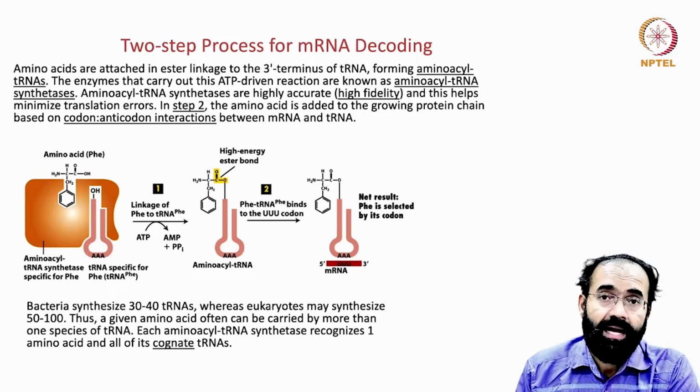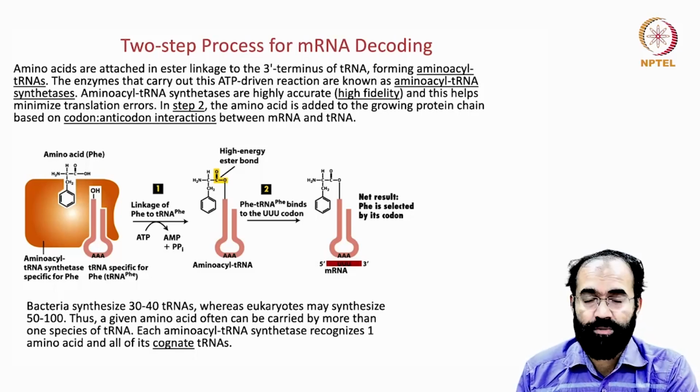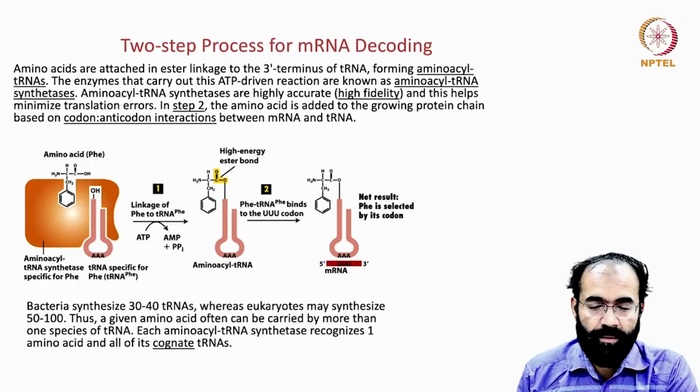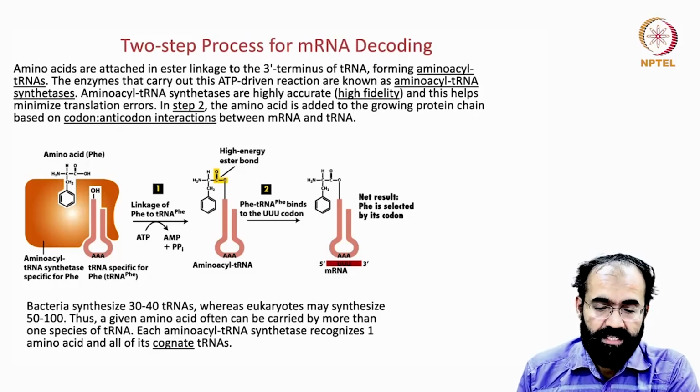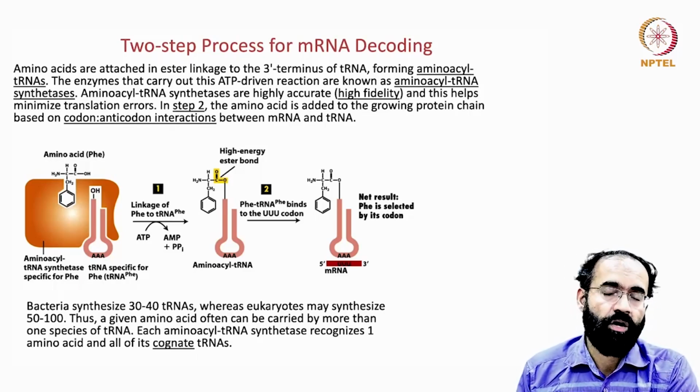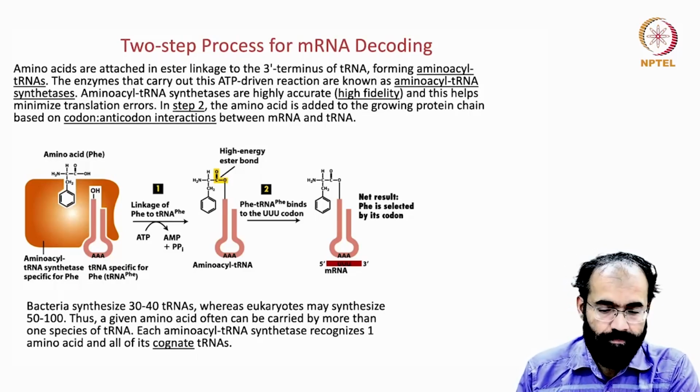This high energy ester bond is broken only inside a ribosome where the peptide bond is formed during protein synthesis. So the amino acid tRNA synthetase makes sure of the charging or loading of the tRNA with the amino acid.